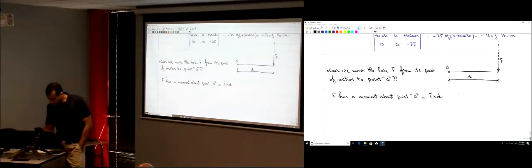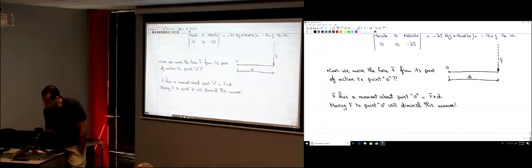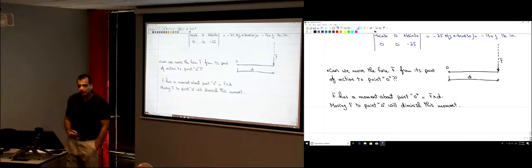So it has a moment about point O. Moving F to point O will diminish this moment, will make the moment equal to 0. Then it's wrong.